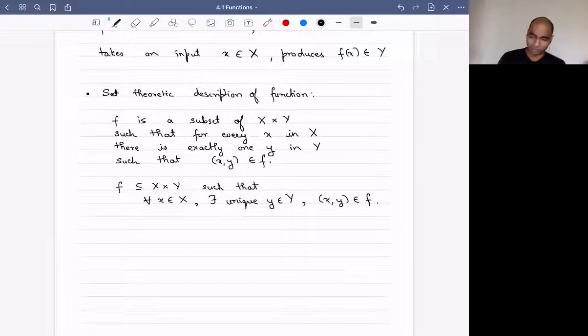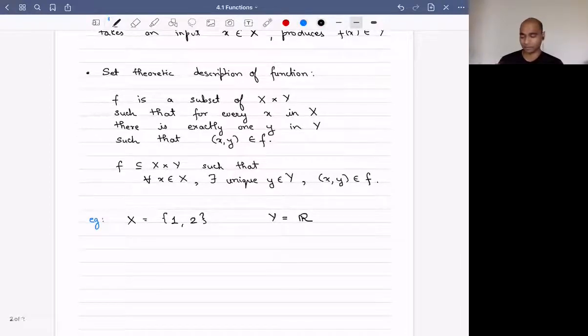And let me give you some non-standard examples. I can take X to be any set. So X can be the set, let's say, {1, 2}, and Y can be the set of all real numbers. And then all I have to do is for every value in X, I have to pick one unique value in Y, and I can pick it any way.